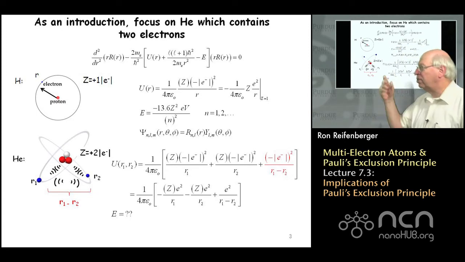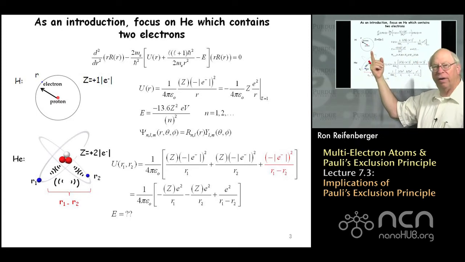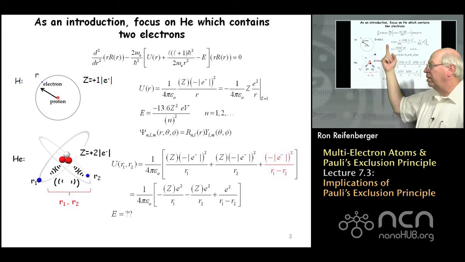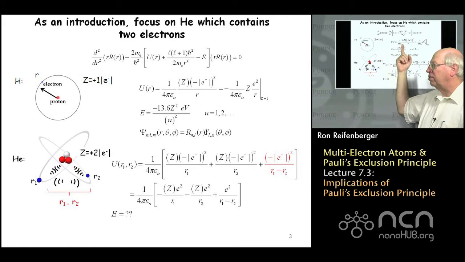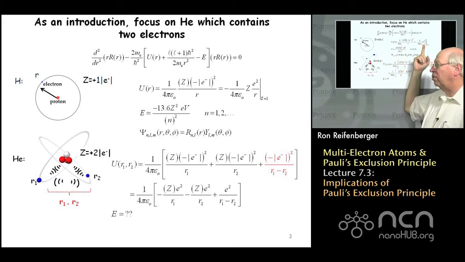So to begin, let's review what we know about hydrogen. In hydrogen, there's 1 proton and 1 electron in the ground state orbit. The interaction potential energy is just the e squared over r term that we've seen for the past 2 weeks.